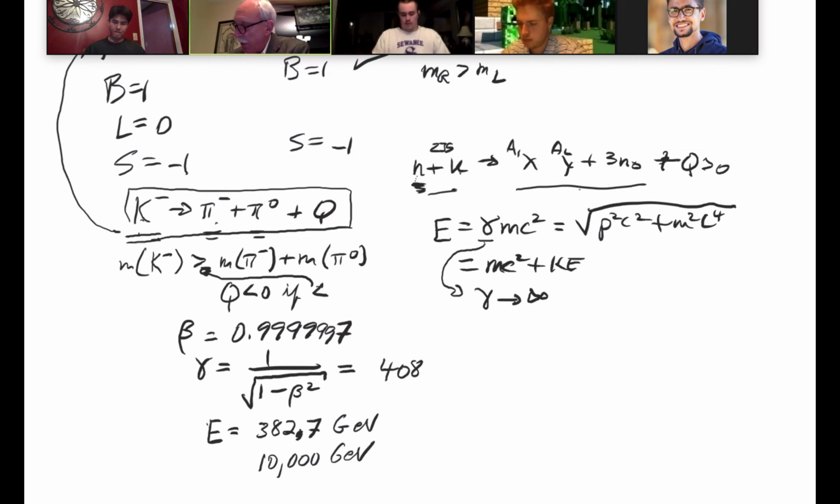Velocity-wise, you're not changing the velocity very much, but energy-wise, the amount of energy that these particles acquire is extraordinarily large. And when it comes to momentum, momentum is what the magnets have to interact with. So if you change the energy of these particles too much, you have to build new magnets with higher magnetic fields, and we've kind of run out of our ability to do that.